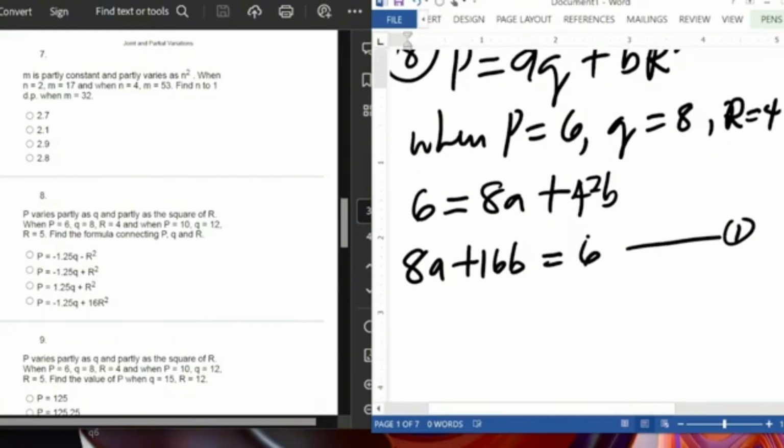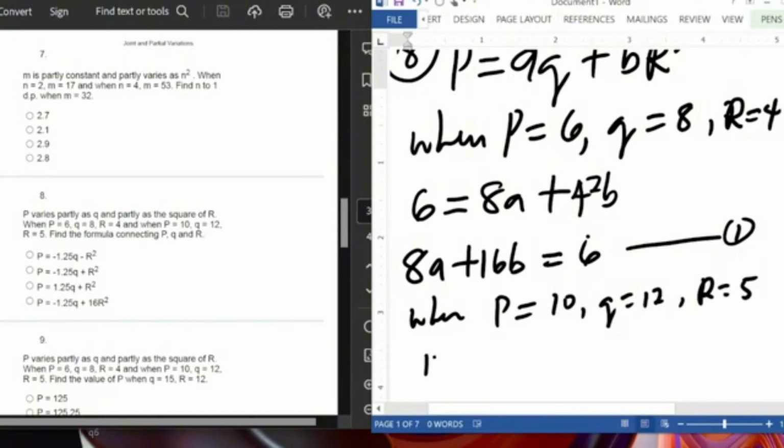So move to the second one. When P equals 10, Q equals 12, and R equals 5. Here too we do the same thing.